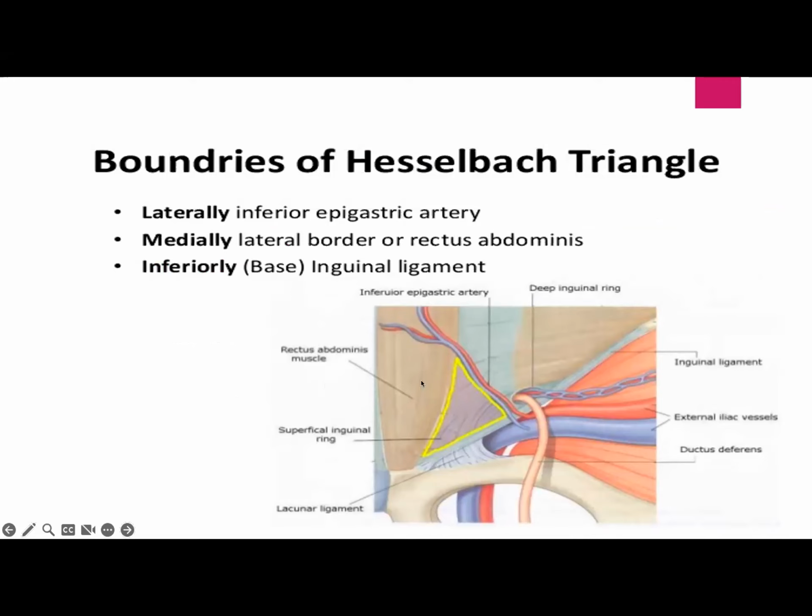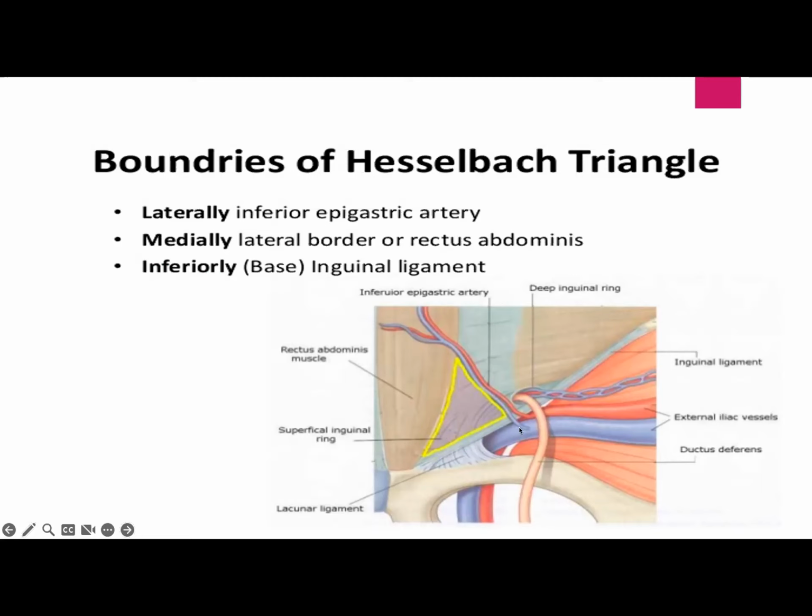As you can see over here, the rectus abdominis muscle and the aponeurosis. And then we have the deep inguinal and the external inguinal ring later on. Okay, and over here you can see the Hasselbalch triangle.